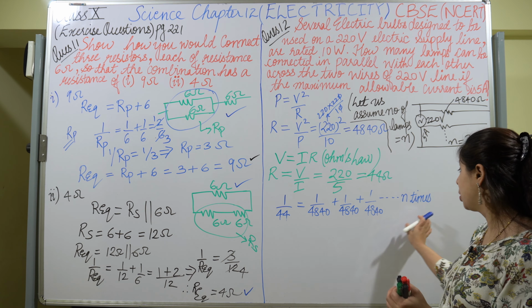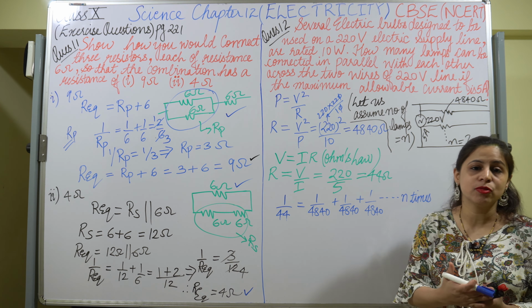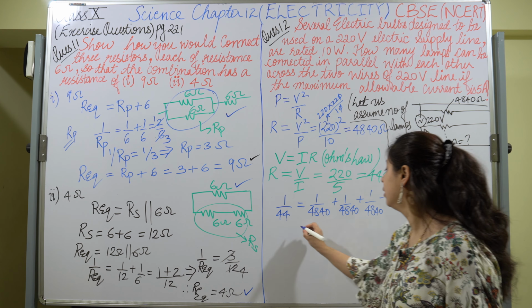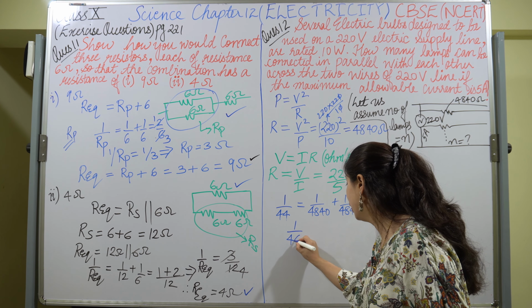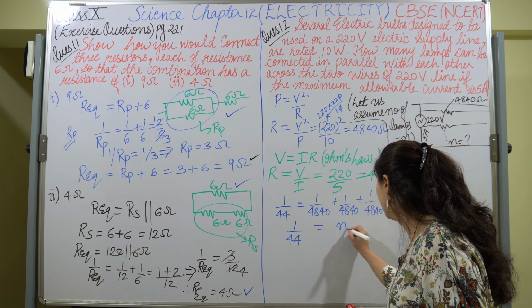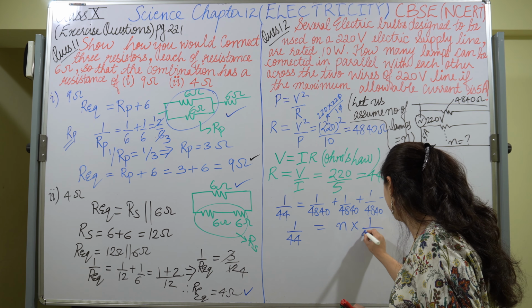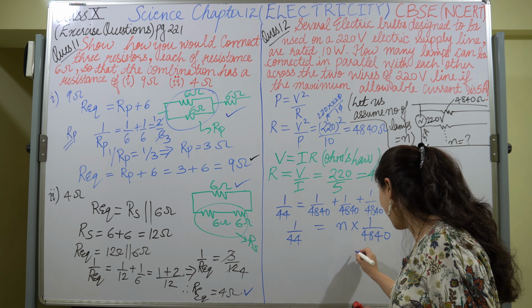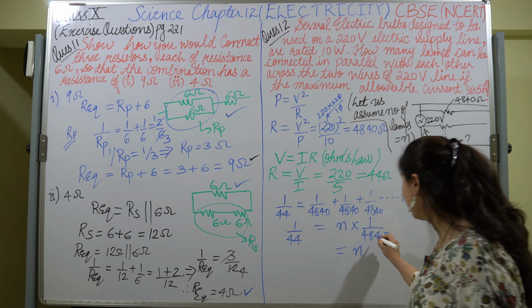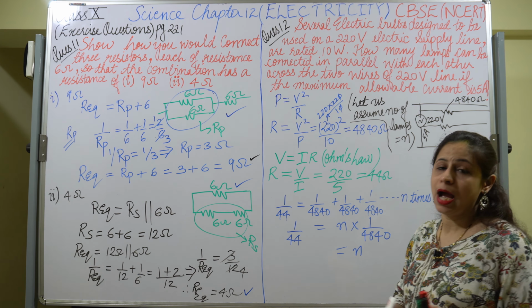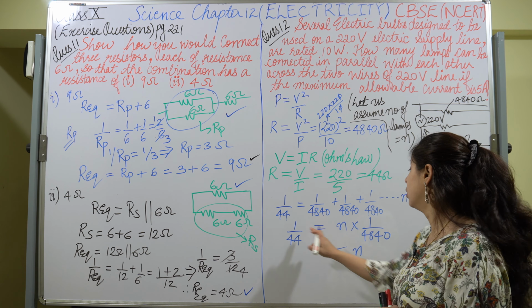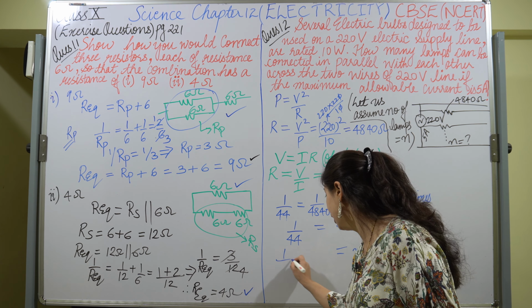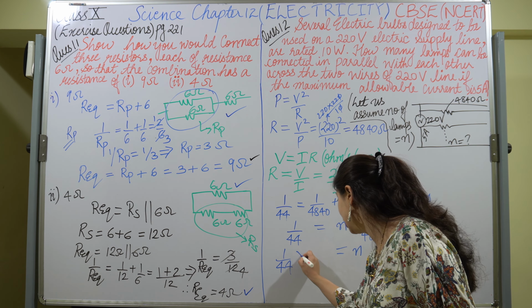Because they are added up n times, we can directly multiply by n. So 1 upon 44 will be equal to n into 1 upon 4840. When n is calculated, 4840 goes to the other side and comes with multiplication, so 1 upon 44 into 4840.